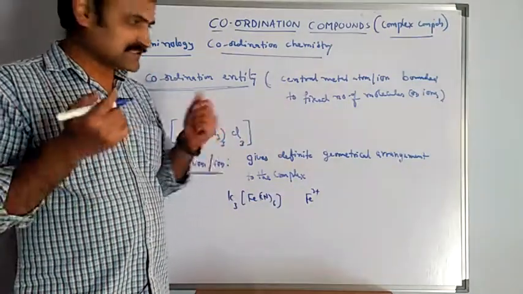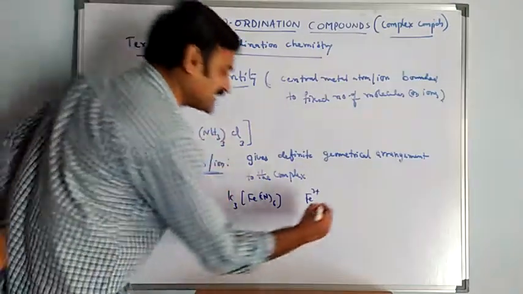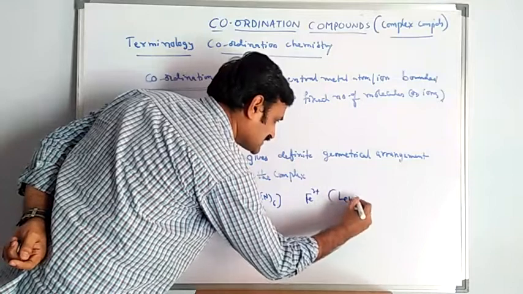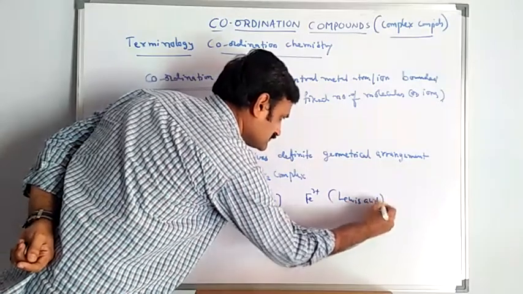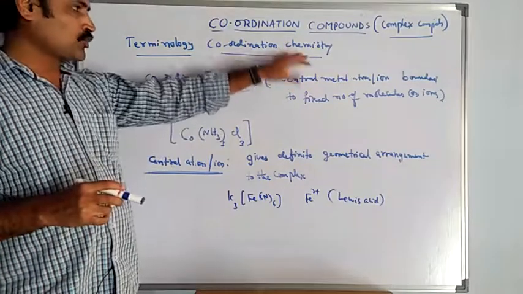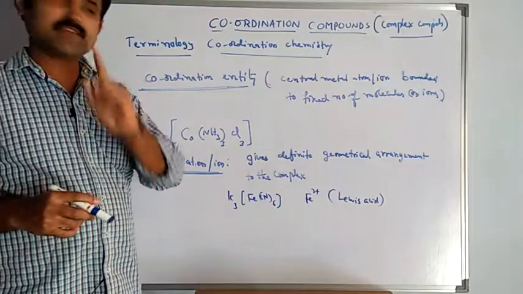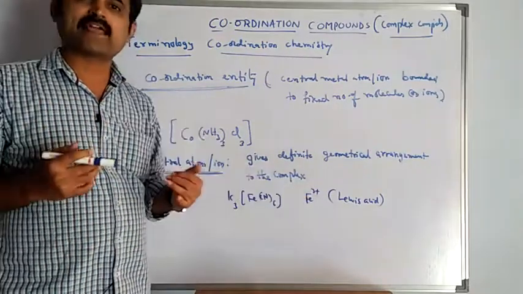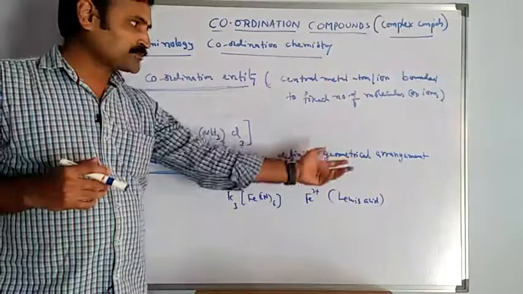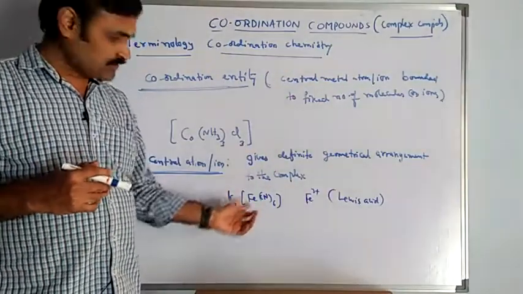So whichever takes electrons as per the Lewis acid base theory, they are called Lewis acids. So what are Lewis acids? In the coordination chemistry of the complex compound, the central metal atom behaves like a Lewis acid, accepting electrons from the other groups, means molecules or ions which are bound to it.